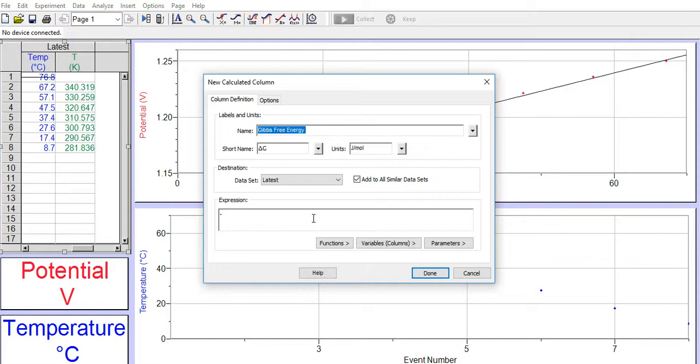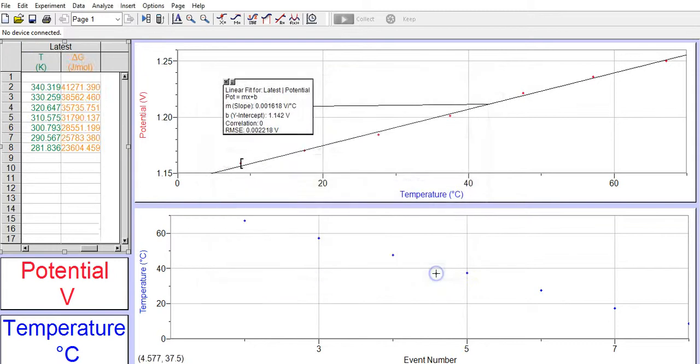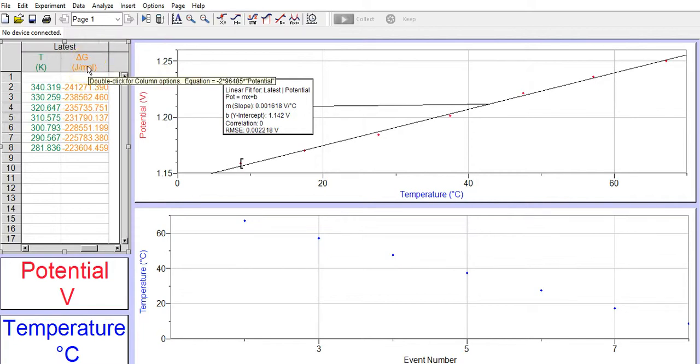So negative, n we said is 2 moles of electrons, times the Faraday constant, 96485, times the cell potential. Well, that's what we measured. So you go to columns and click potential to get the cell potential. And when you click done, you're going to get a big column, and for a second it's going to look kind of strange. If you spread that out a little bit, you can see that those are actually negative numbers.